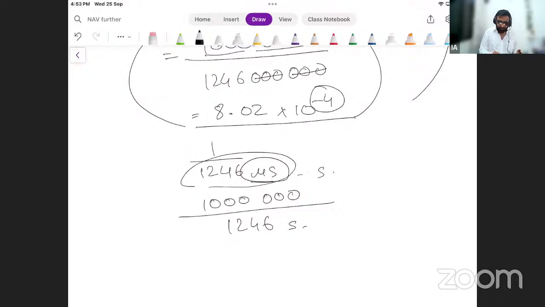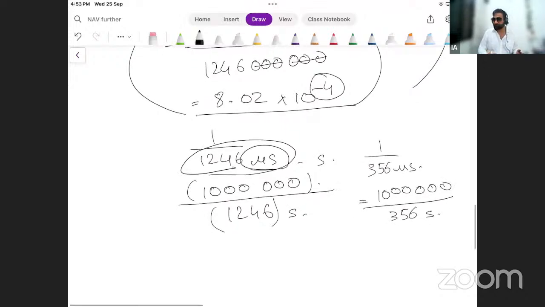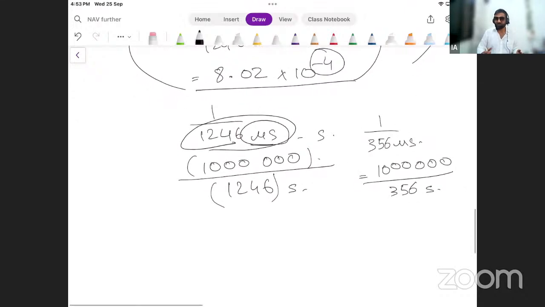Whatever value you have for microseconds, you convert it into seconds, and the one that you have, the multiplication, this value will be this. So let's say if you have 1 upon 356 microseconds, so this value will become in seconds 100,000 upon 356 seconds, like this. This is how the conversion factor is going to give me microseconds to seconds.